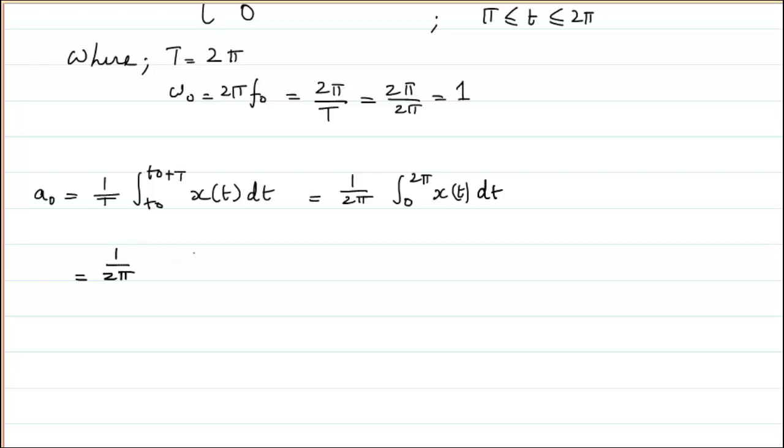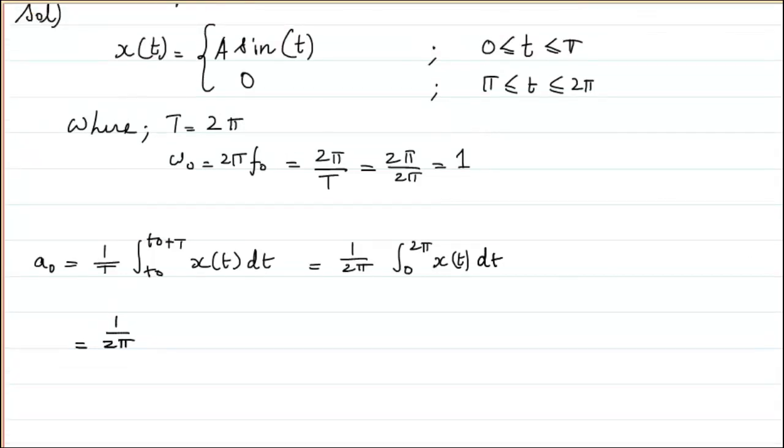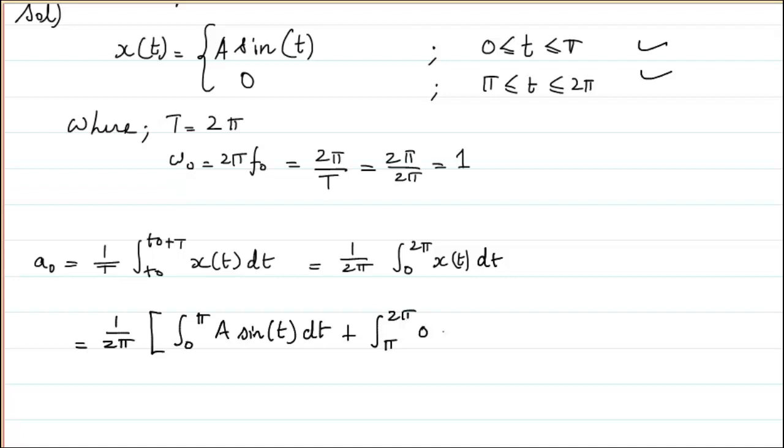Now this 0 to 2 pi I have to split up into two parts because this itself is split up into two. So I will write first, it is going to be from 0 to pi. The signal is a sine t dt, and then the remaining portion is from pi to 2 pi, and that signal is 0 dt.